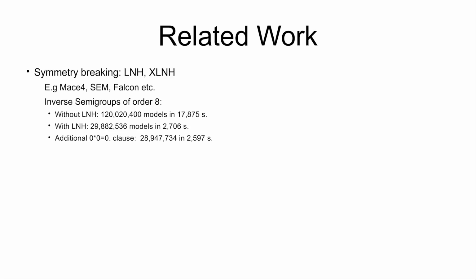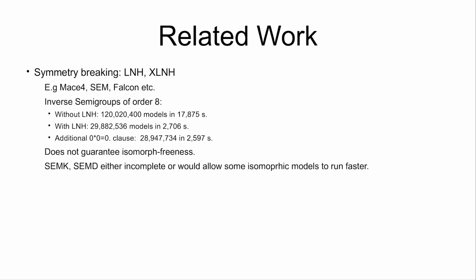With an additional symmetry breaking clause, it is further down to 29 million. However, LNH and other symmetry breaking algorithms generally do not guarantee that the outputs do not contain isomorphic models. To completely suppress isomorphic models in the search phase is a hard problem that few systems try to do.